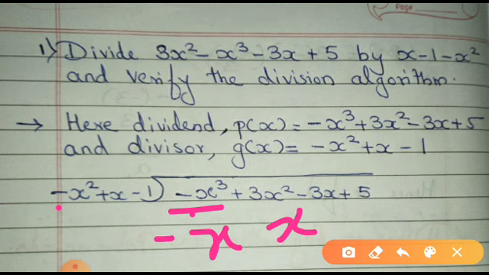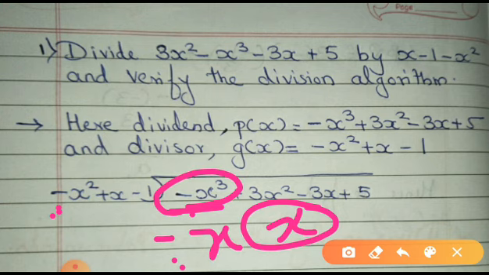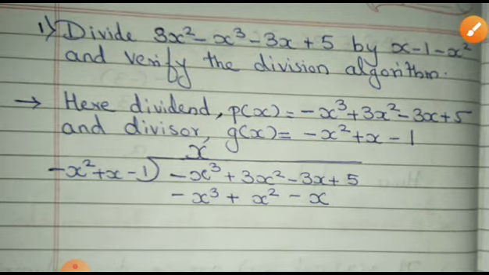It should be multiplied with x, because sorry, minus x into minus x square, you'll get plus x cube. Okay, so plus x cube I don't need. I need it as minus x cube. So it should be multiplied with positive x.